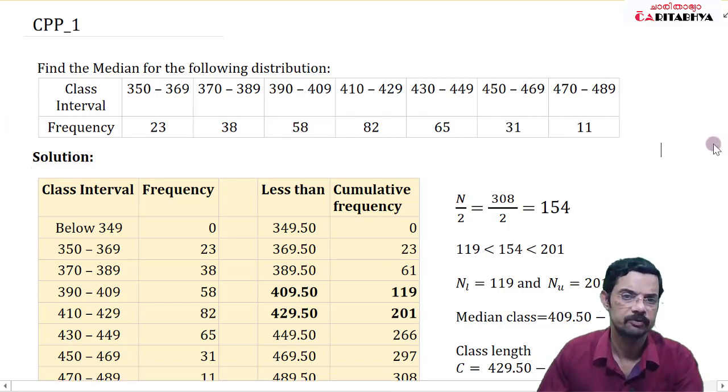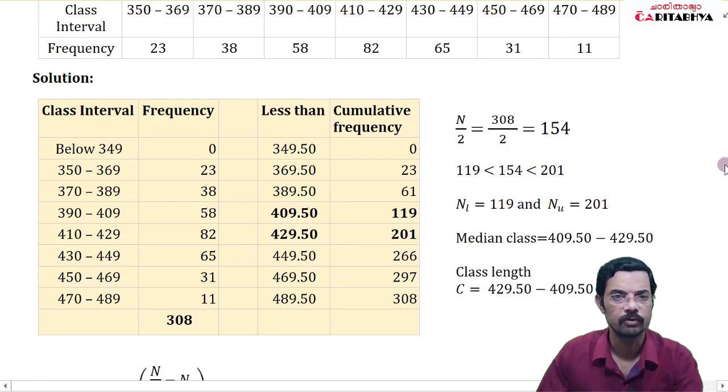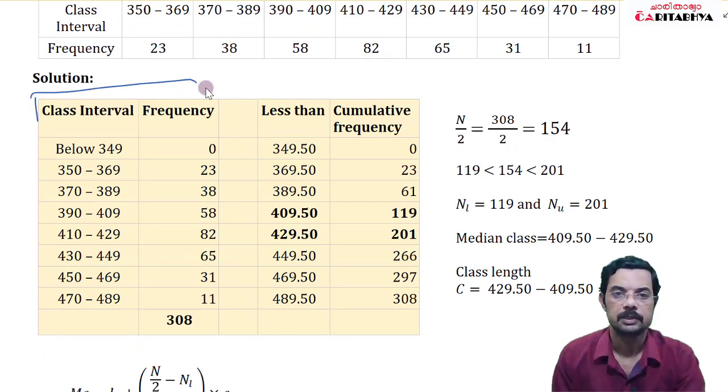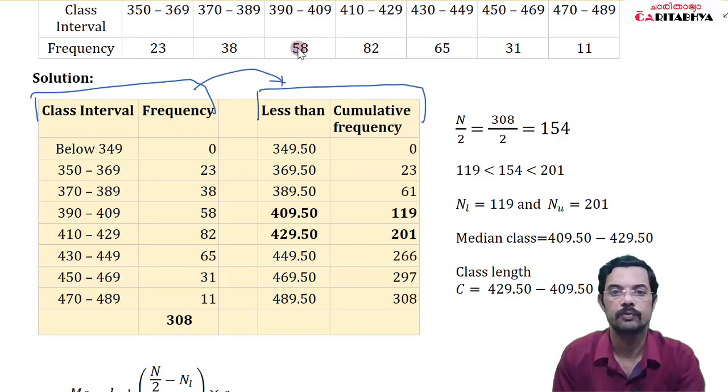Now, as we said before, we need to convert them to the less than type cumulative frequency. This is the question part, and we have converted it to a less than type cumulative frequency distribution.